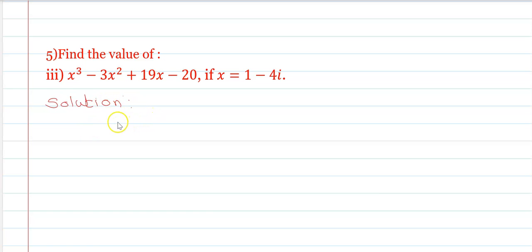Okay, x is equals to 1 minus 4i, and therefore x minus 1 is equals to minus 4i. Squaring on both sides, you will get (x minus 1) whole square is equals to (minus 4i) whole square.